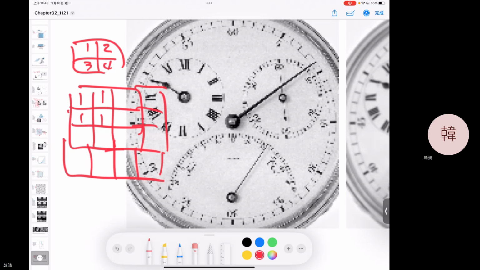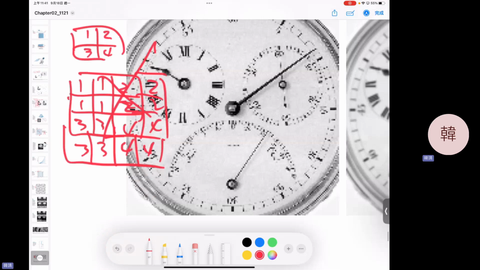You just find the nearest neighbor and then put the data inside. Is that easy? Very easy. The 2 by 2 will become 4 by 4 immediately, right? So nearest neighbor is an easy one, but it's not good.